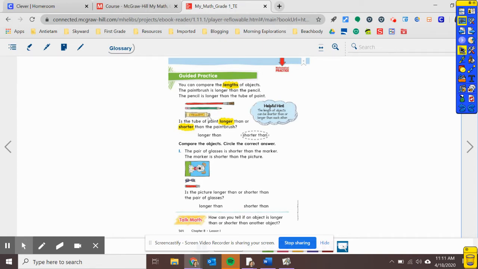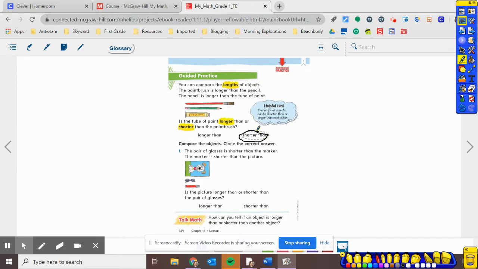So now they have a question for you. They ask, is the tube of paint longer than or shorter than the paintbrush? So the tube of paint is down here and the paintbrush is up here. So is the tube of paint shorter or longer than the paintbrush? It's shorter than, so we're going to circle those words. We're going to trace that line that they have there for us. Shorter than.